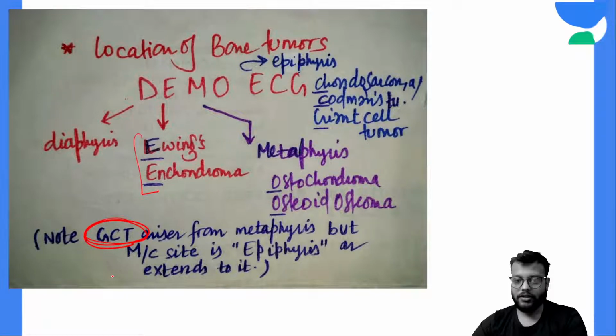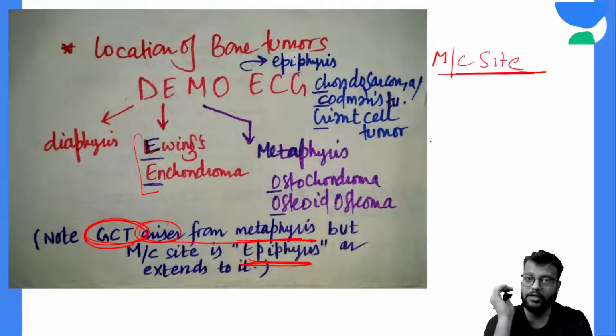And if asked where it starts, the site where it arises, it is your metaphysis. Another very important thing about the GCT that you should remember is that GCT presents after the fusion of the epiphysis. Always only after epiphysis fusion will there be the giant cell tumor or the GCT.